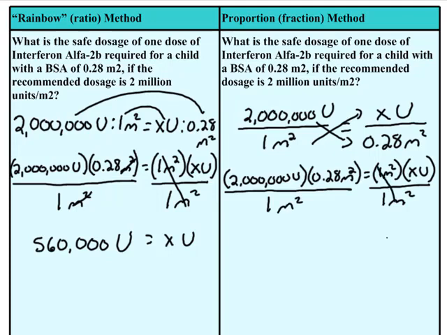That leaves x by itself on one side of the equation, and meter squared cancels on the left-hand side. Now we just need to multiply 2 million units times 0.28 divided by 1, and we can see that it is safe to give 560,000 units to this particular patient.